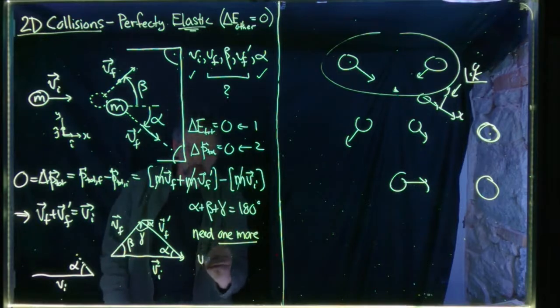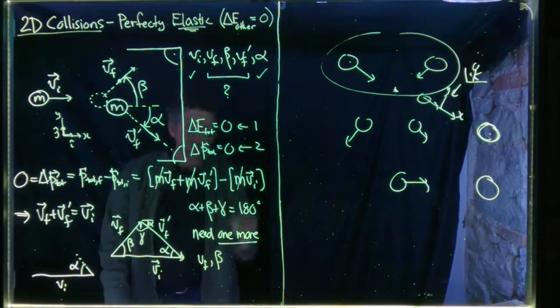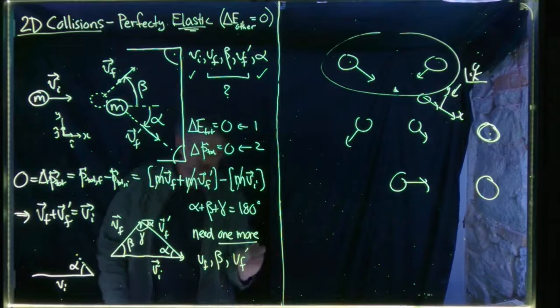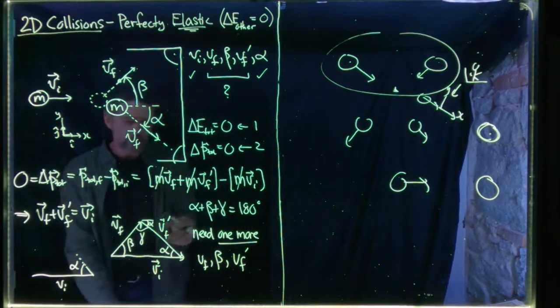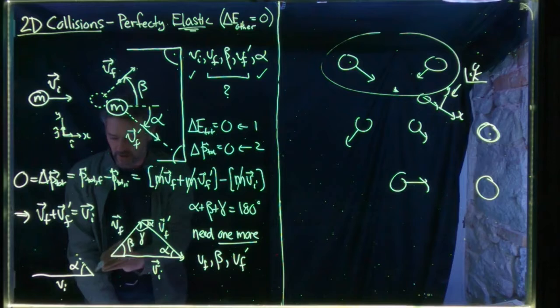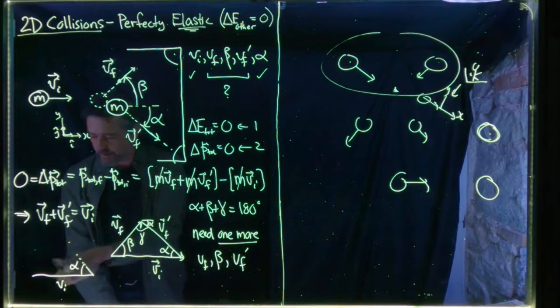That could be the unknown V final, or the unknown beta, or the unknown V final prime. And you can see this easily. For instance, suppose we gave the side length, the magnitude of V final prime. If we gave that, we would know how far to extend this line, and then the entire triangle is determined. Or suppose we gave the angle beta. Okay, so then we know the angle beta.